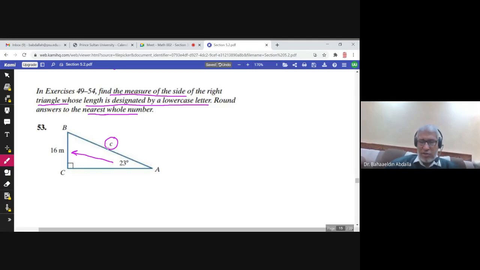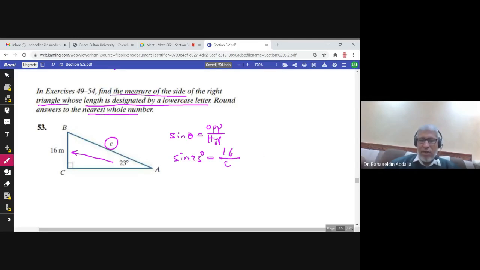Okay, if you know, you will know that sine theta in general is opposite over hypotenuse. So sine 23, which is the angle theta, would be the length of the opposite side, which is 16, over C, which is the missing number.